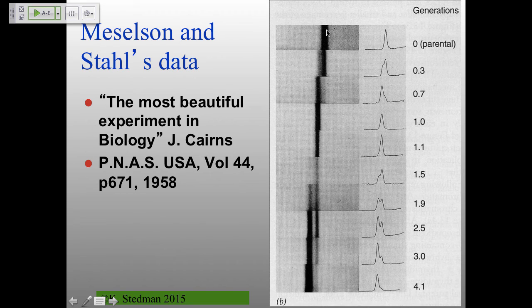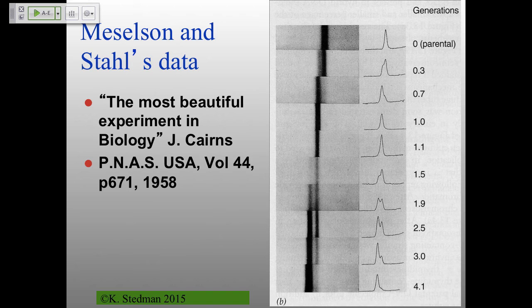So this was really clear evidence that supported only one of the 3 models for replication. So again, 1958, only about 5 years after Watson and Crick had come up with their model for DNA, Meselson-Stahl had really nice experimental evidence for that being actually a semi-conservative replication model.